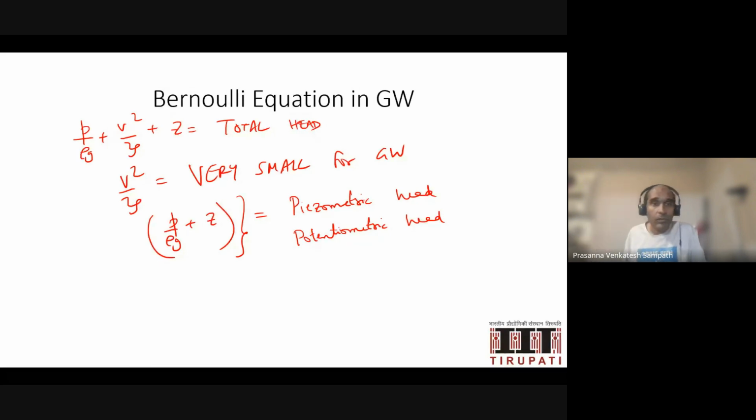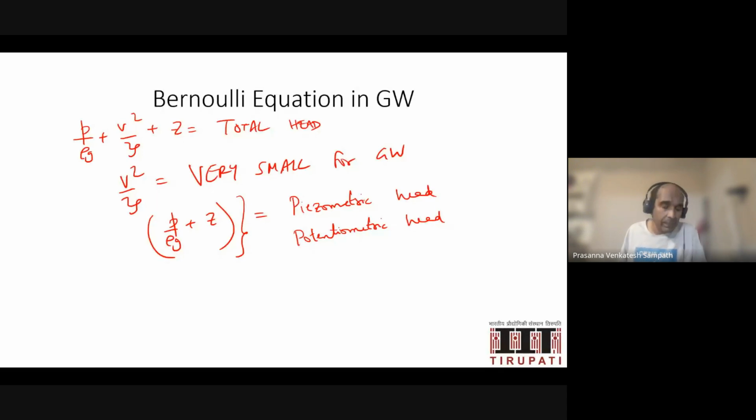A very tiny number, something like 10 to the power minus 5 meters per second. Then you do v square by 2g: squaring 10 to the power minus 5 gives 10 to the power minus 10, and then divided by 2g, and g is about 10. So it's some 10 to the power minus whatever.